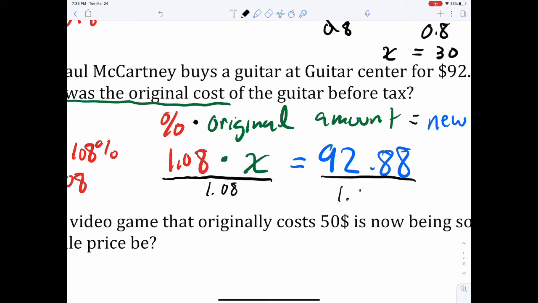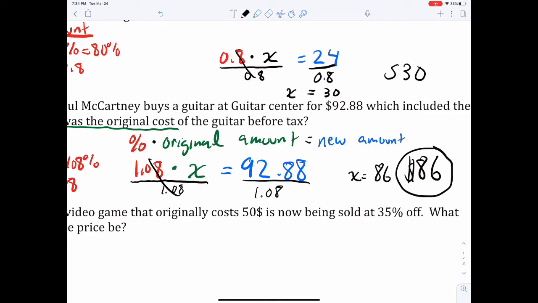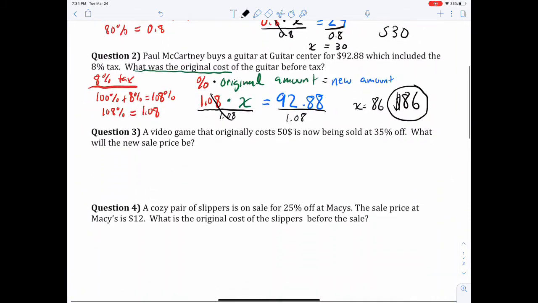Divide by 1.08. Cross those out, you go to your calculator. I'm doing 92.88 divided by 1.08, and you should get 86. So x equals 86. The answer is $86 was the cost of the guitar before tax. All right, 3 more here.